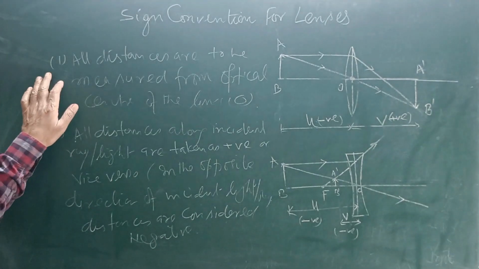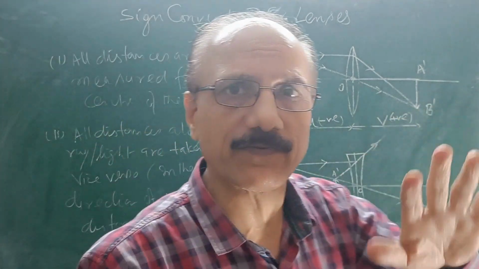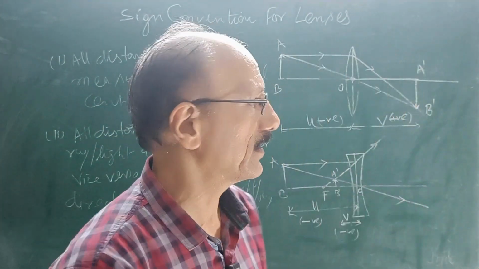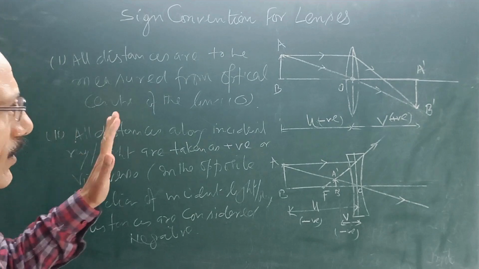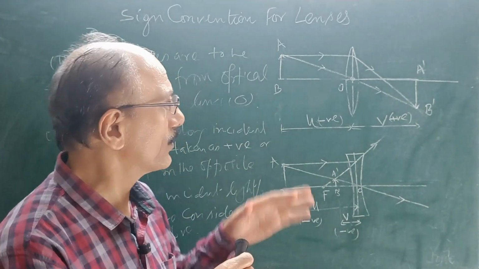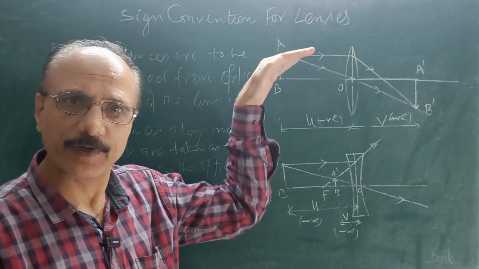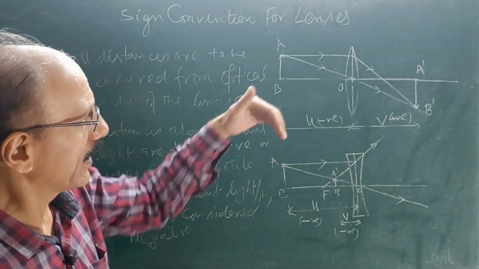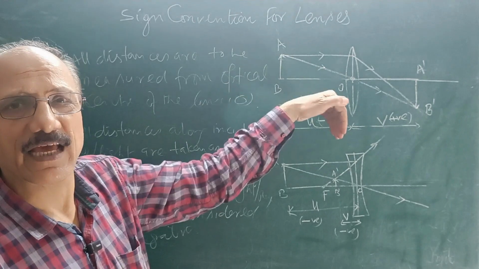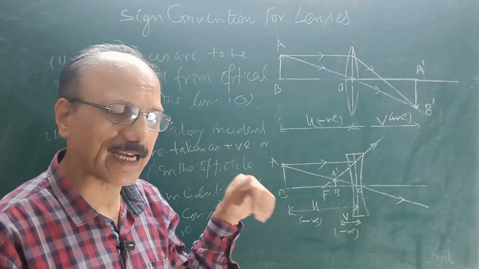So first rule is all distances are to be measured from the optical center of the lens. Second is all the distances measured along the direction of incident light are to be taken positive, and in the opposite direction they are to be considered as negative.